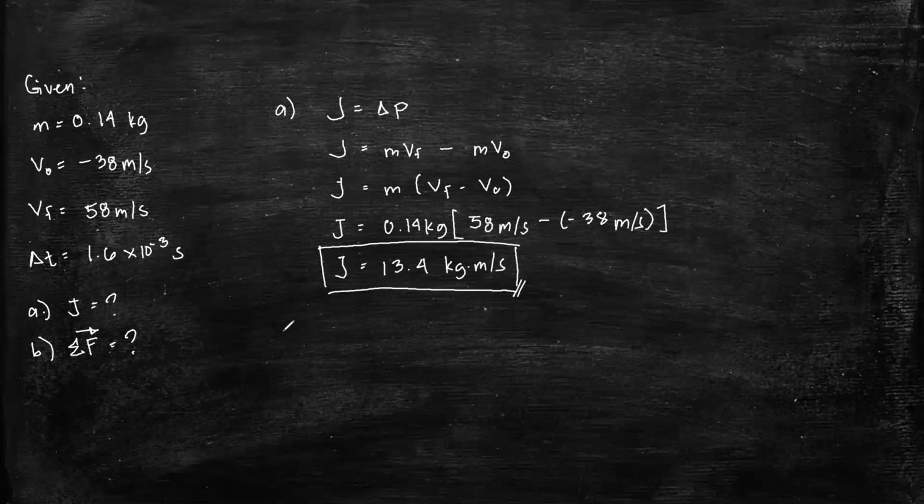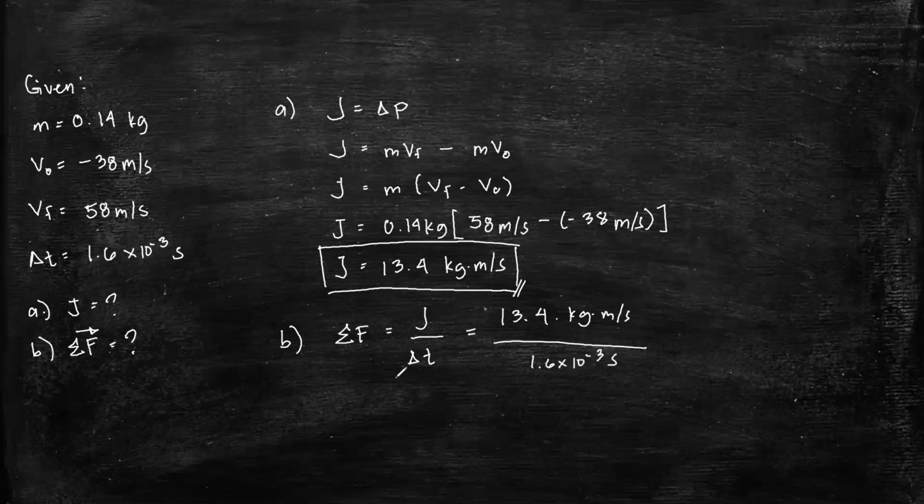Okay, now let's proceed with letter B. So we're looking for the average force. We can find the average force by dividing the impulse by the time interval. So 13.4 kilogram meter per second divided by 1.6 times 10 raised to negative 3 seconds.